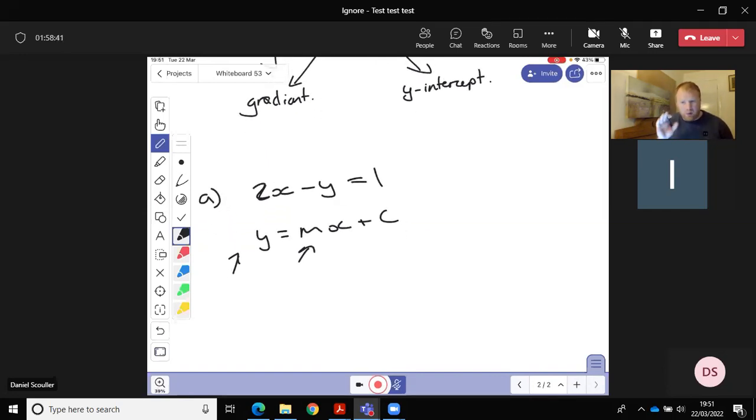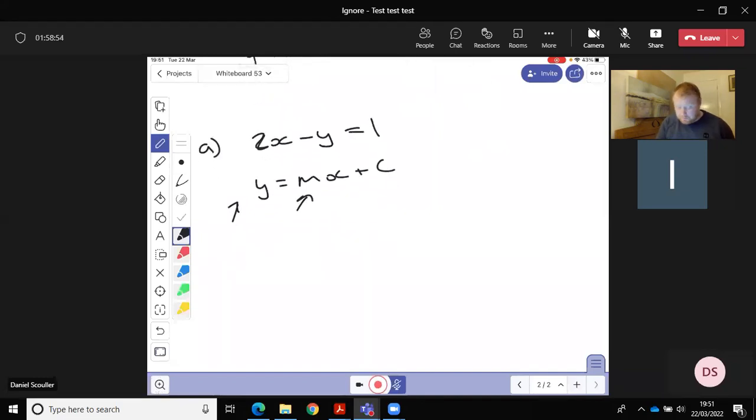We want a positive y as well. It could be a gradient of 1, whatever that term is. People will see quite quickly what's going to happen here, but the important part is we get y as being positive.